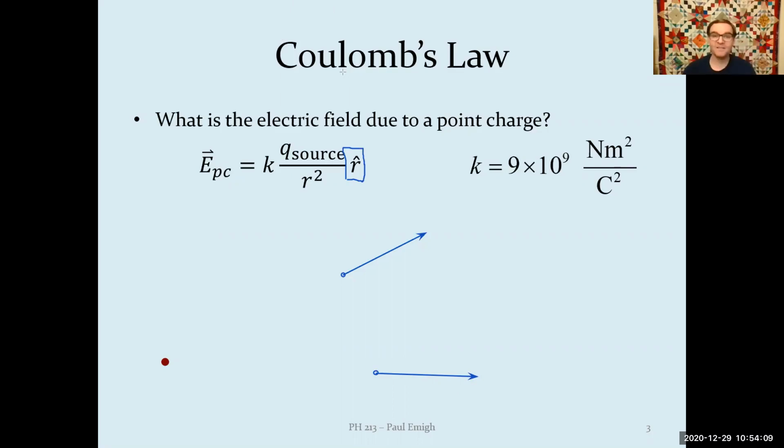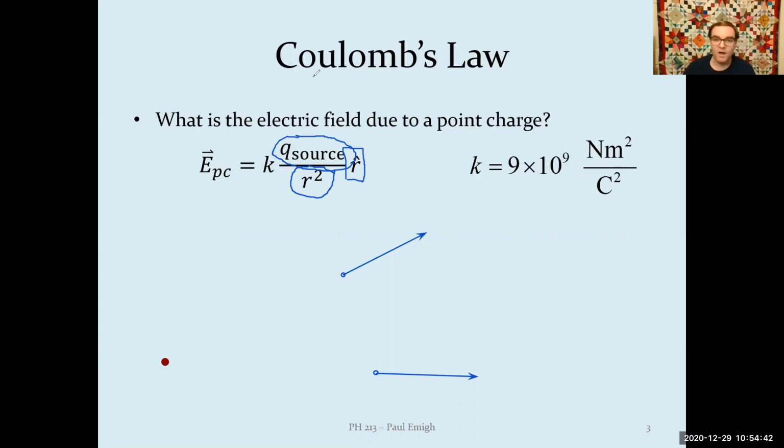I also want to know how big this electric field is. And you'll see that that depends on a few different things. One of those things is how big is the source charge, right? If I have a thing with more charge on it, I'm going to get a bigger electric field. That makes some physical sense. On the other hand, this R down in the denominator tells me how far away I'm standing from that charge. So that's telling me that the farther away I get, the weaker this electric field gets.